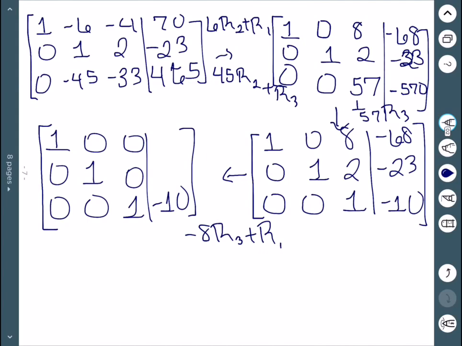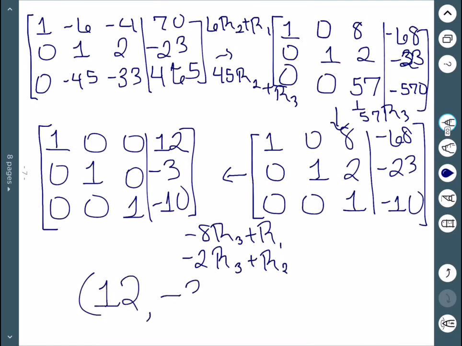And then negative 8 times negative 10 minus 68 is 12. We also need to do a negative 2 row 3 plus row 2. And here we'd have a 0, a 1, a 0, and then negative 2 times negative 10 minus 23 is negative 3. So our solution is 12, negative 3, negative 10.